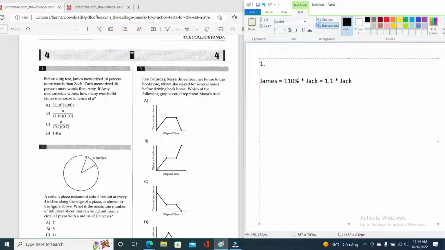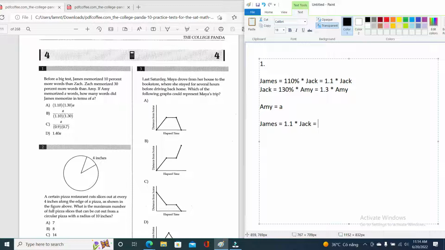Jack is 30% more than Amy, so Jack is just 130% of Amy. So that is 1.3 times Amy. Okay, so set Amy equal to A. James is going to be 1.1 times Jack, right?